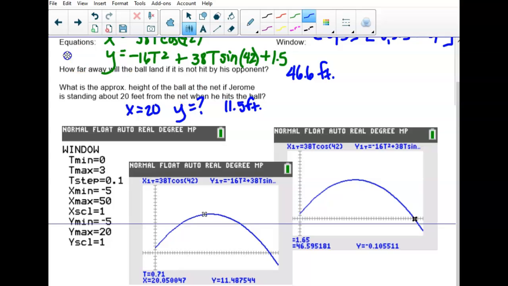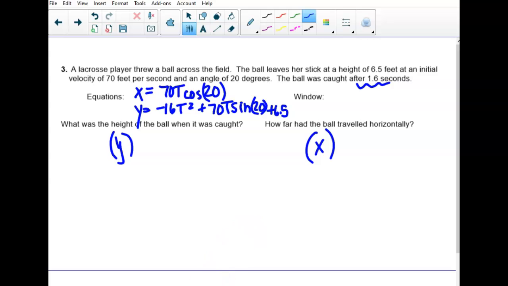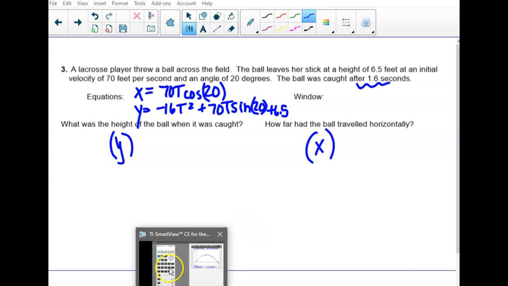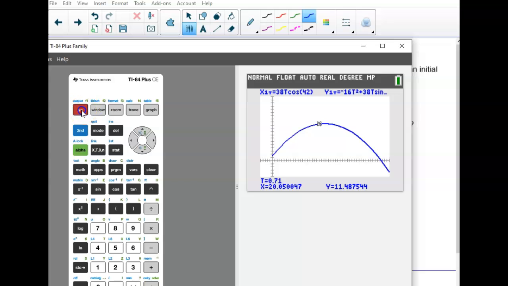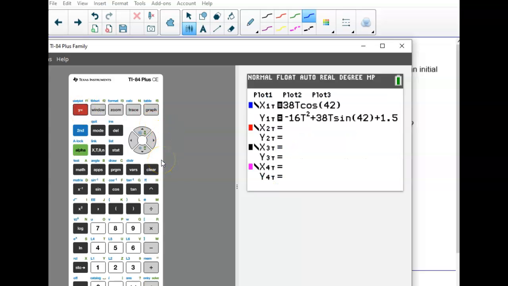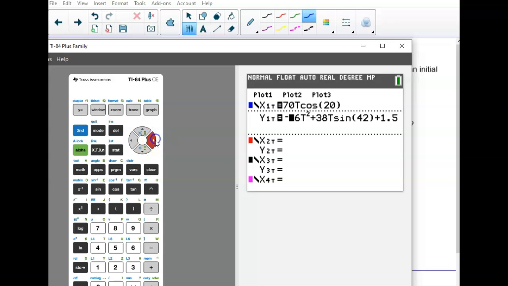Okay, so that answers all those questions, right? And then this one was a little different. You had to put it in. Was it a 70 and a 20, guys? And did it have an initial height? .5 was the initial height?